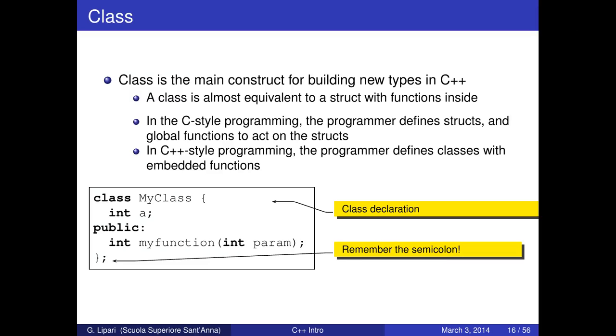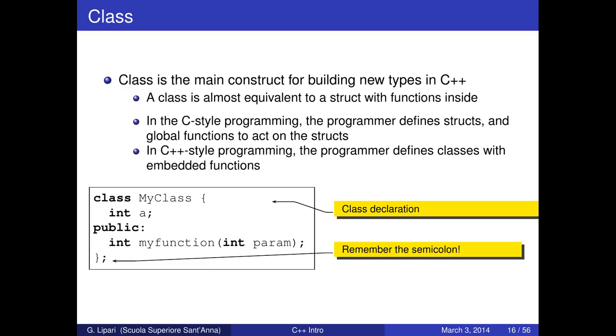So class is the main construct for building new types in C++, as we have seen, and a class, I would say, is almost equivalent to a structure with functions inside. Okay? In C, if you have ever programmed in C, the programmer defines structures and global functions to act on the structures.